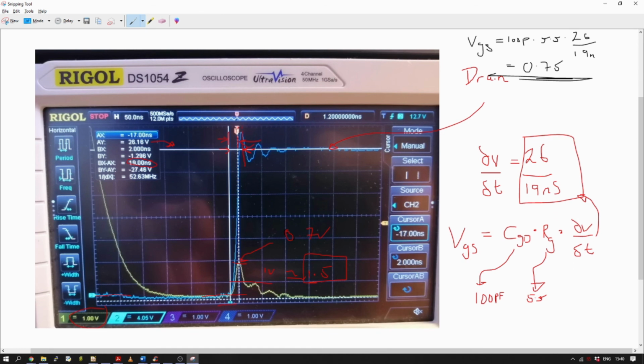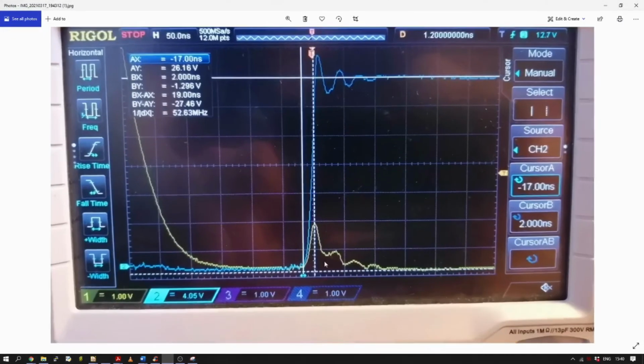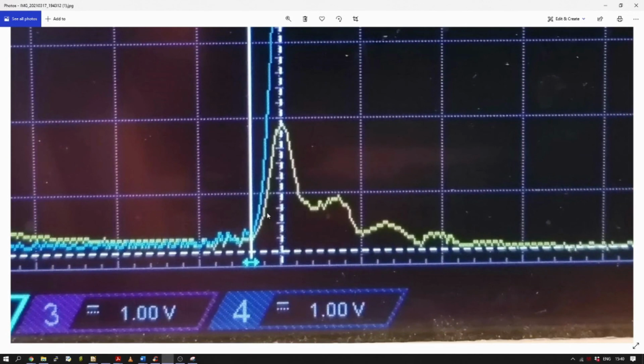Can I zoom? I can't zoom in, so let's have a look. If between there and there is 1 volt, then each of these is 0.2 volts, so we've got 2, 4, 6. So we're about 1.6 maybe.